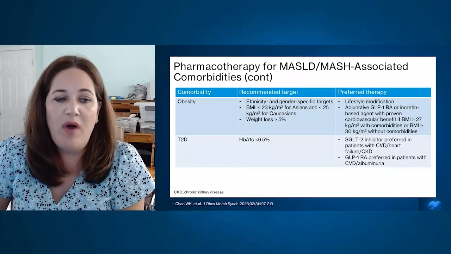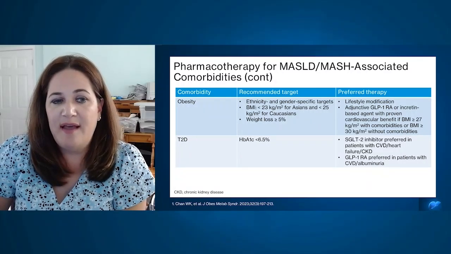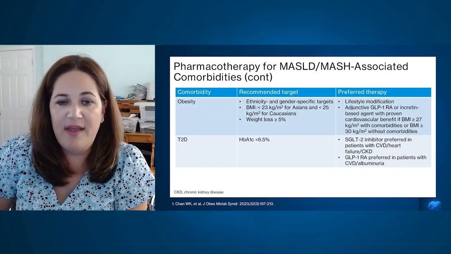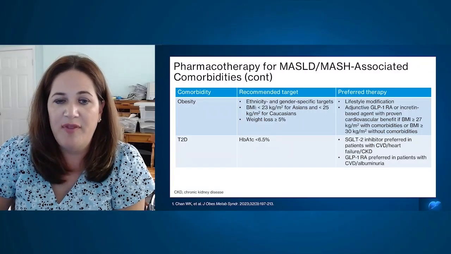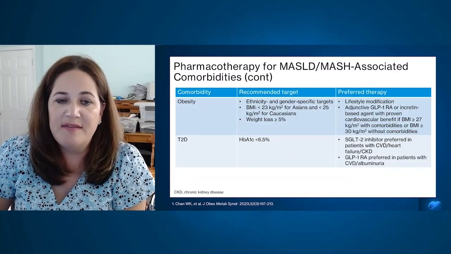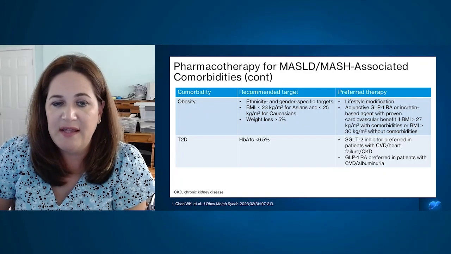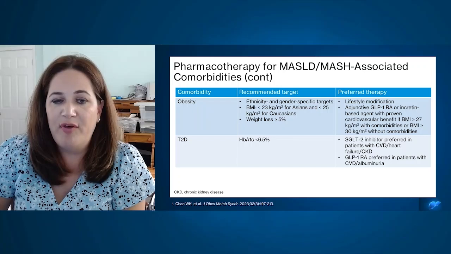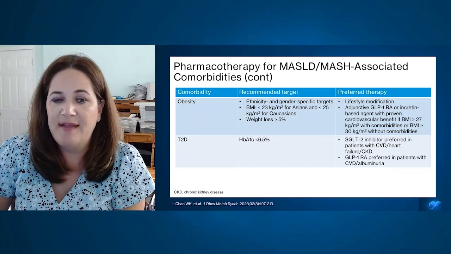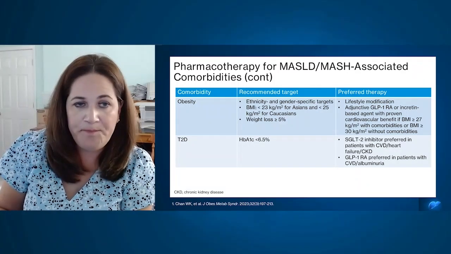So we want the hemoglobin A1C to be less than 6.5, and we have several options to help them get there. We have SGLT2 inhibitors preferred in patients with heart disease, and then we have GLP-1s preferred for those patients who have heart disease and albuminuria.